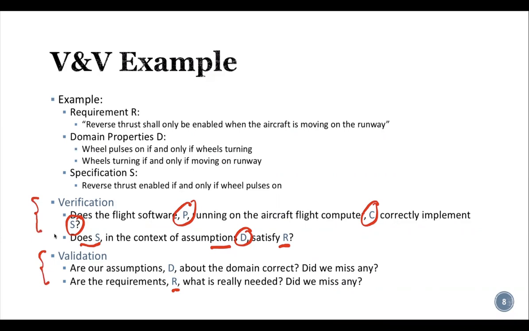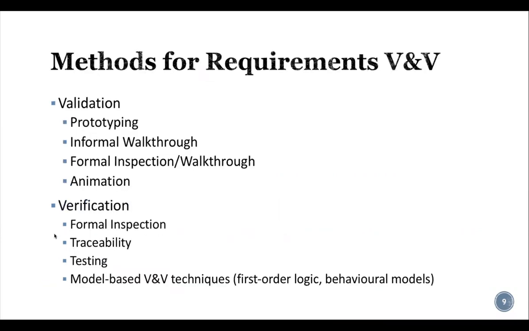So, having defined verification and validation, we also need to understand the main methods that can be used for them. In the literature, there are many methods. The main focus in today's class will be on prototyping, informal walkthrough, formal inspection and walkthrough, and animation.